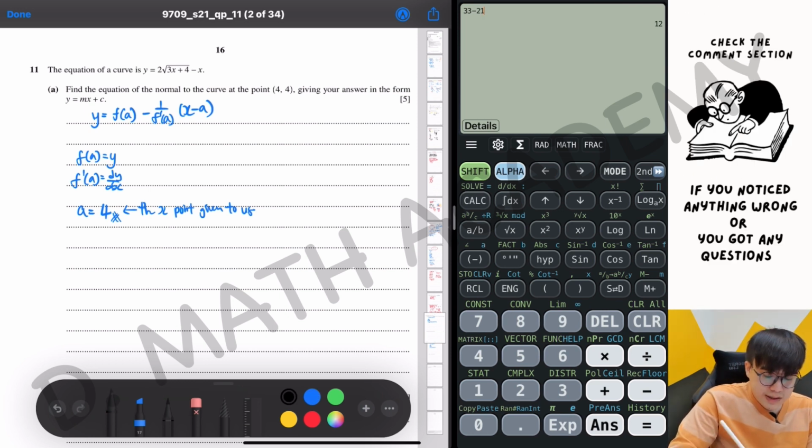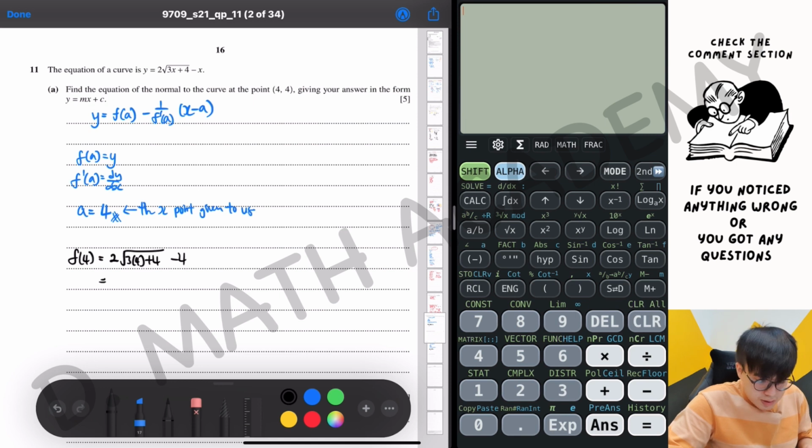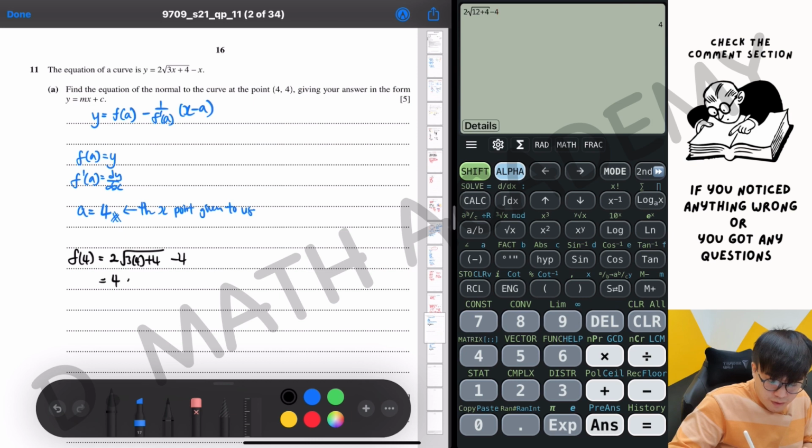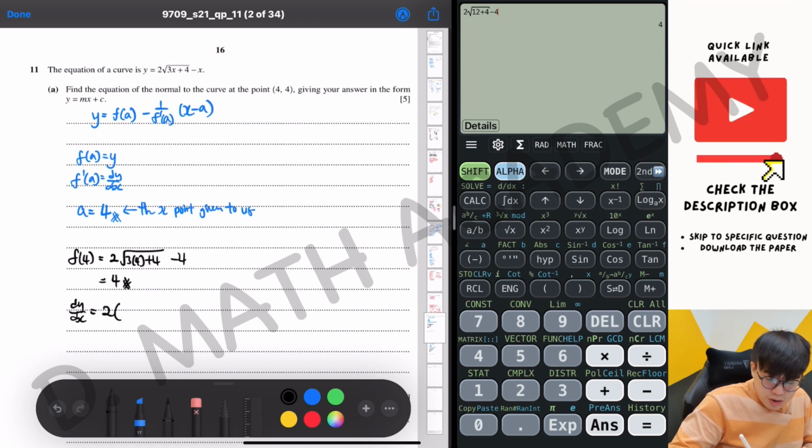Okay, that's how I identify it. So when I sub in my x as 4, okay, it will be this. Okay, calculate the results. 2 square root and then minus 4 from it, you will get your results as 4. As for your f prime, which is your dy dx here, we still have to work it out. So I will first update our equation as this.